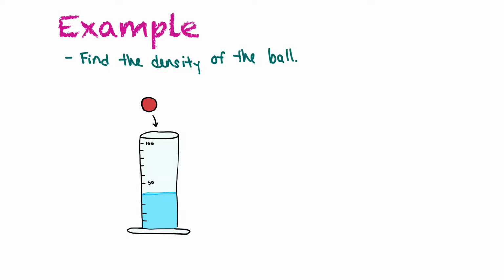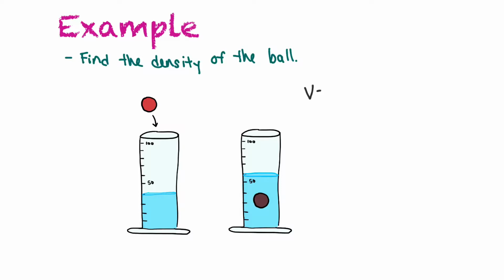So we'll place it in, and then we can see that the water level has gone from 40 milliliters up to 60 milliliters. So to find the volume, we need to find the difference between the two. Our final volume was 60 milliliters after we put the ball in, and we subtract the initial volume of the water, 40 milliliters. So we have a grand total of 20 milliliters.